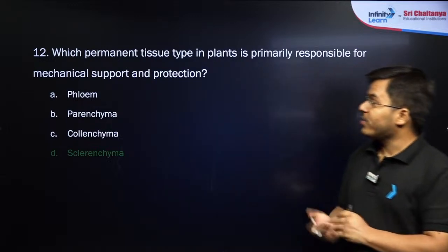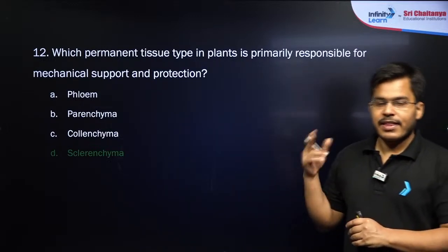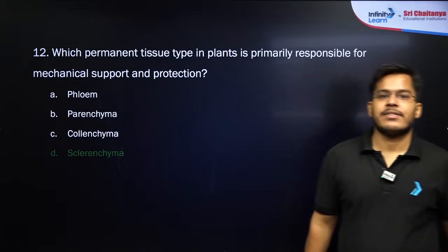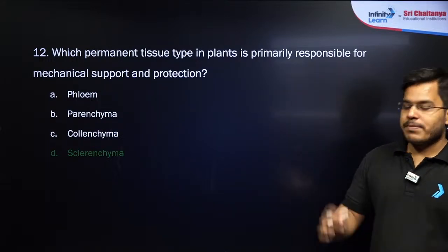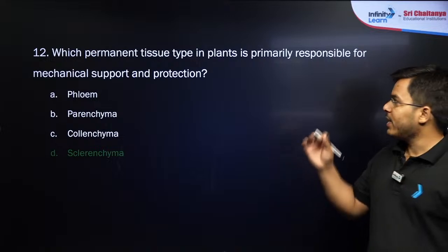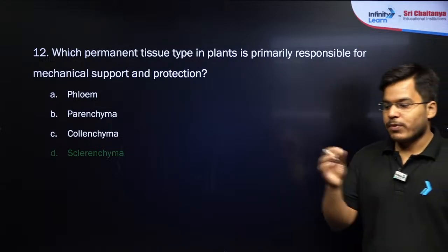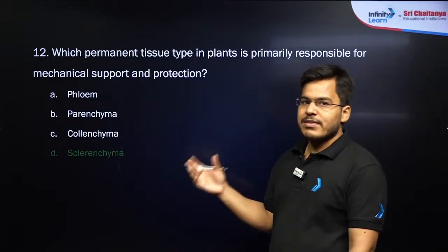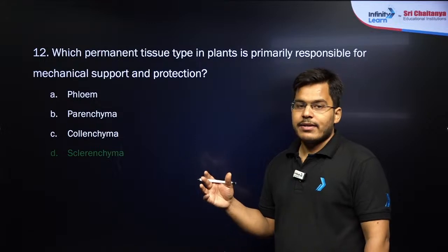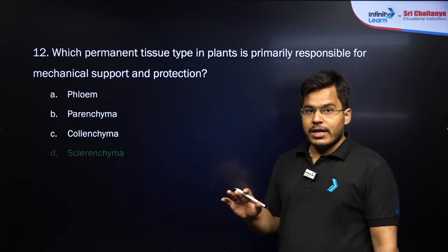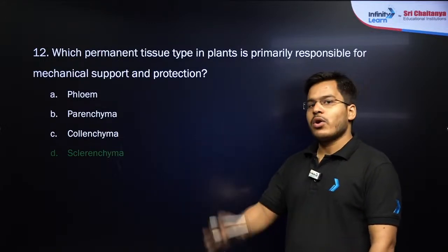But if flexibility is written, students, then collenchyma will definitely be the answer. So always remember, repeating the points again: the primary tissue responsible for support and protection will be sclerenchyma, right? If sclerenchyma is not given in the options, then you can select collenchyma.